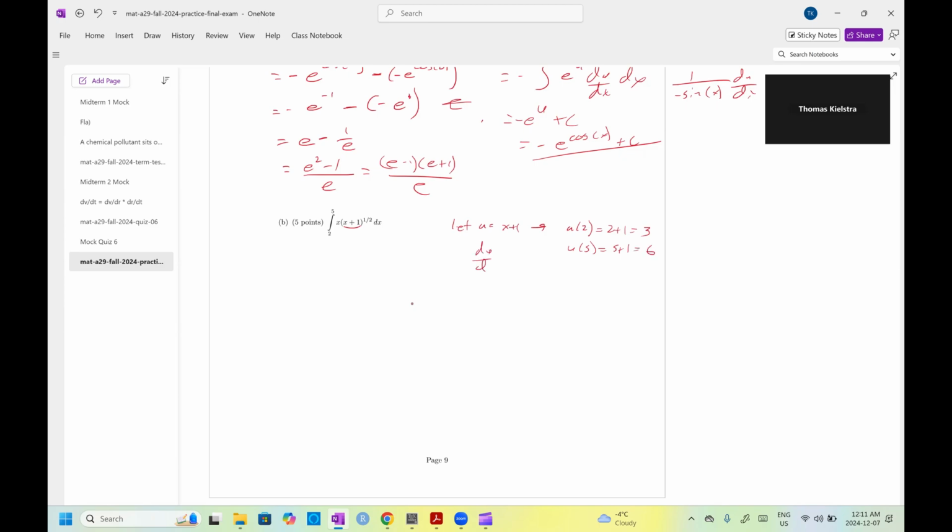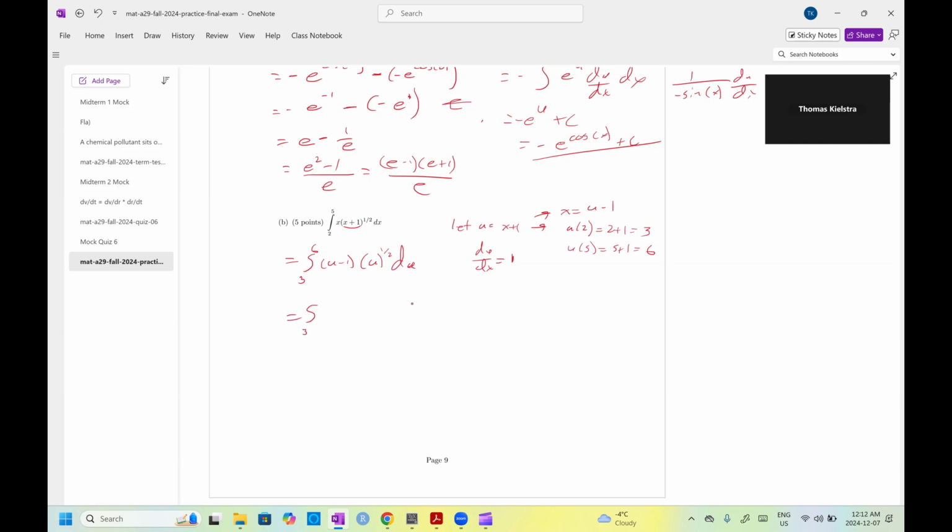Du by dx equals 1, and this also implies that x equals u minus 1. So this equals the integral from 3 to 6 of (u minus 1) u to the 1/2 du. And here, the way I've done it, I don't need to convert back.